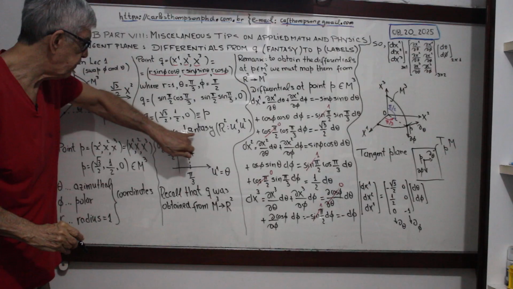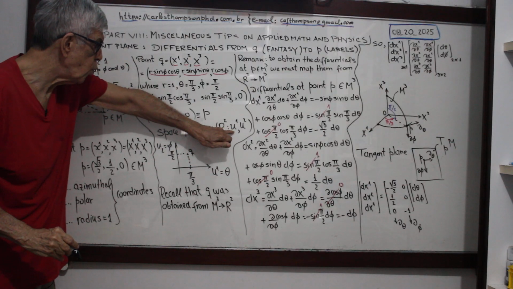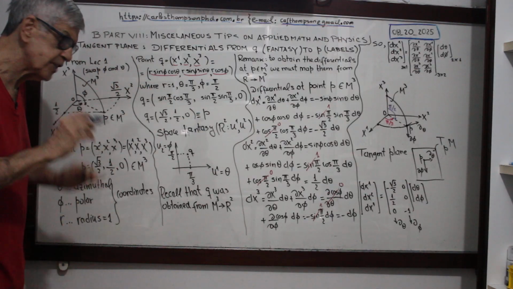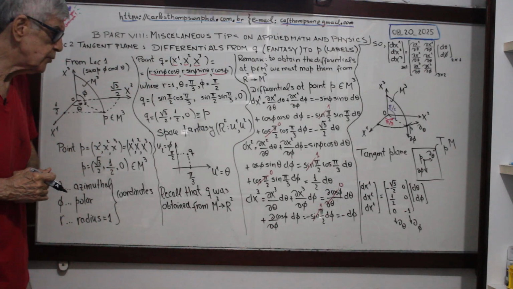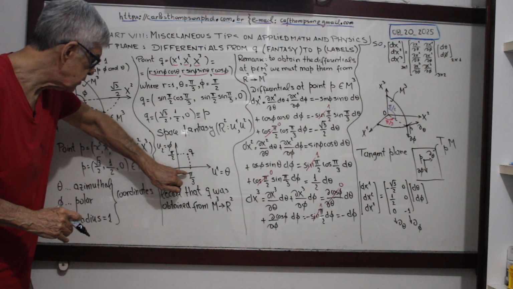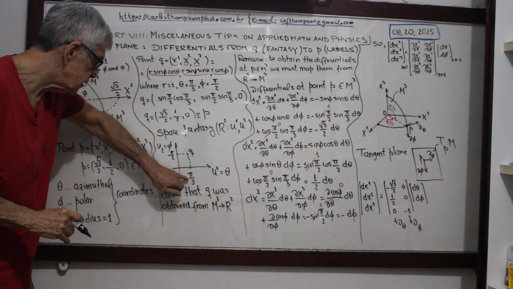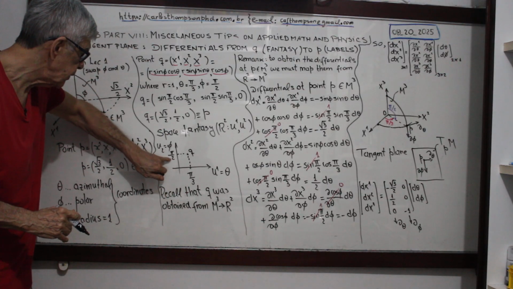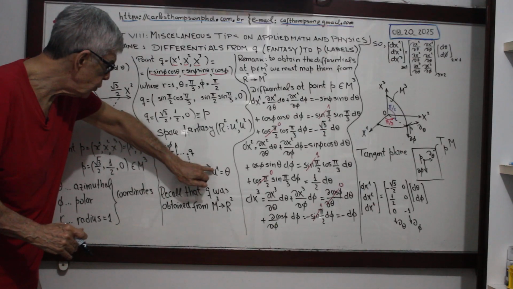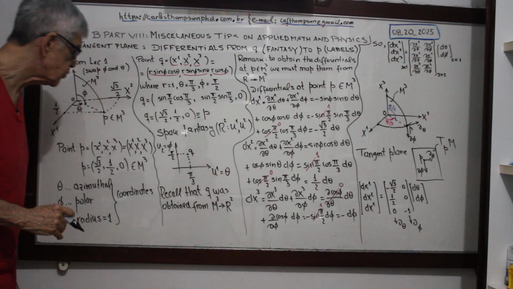So the space, the fantasy here, is R2 with axes U1 and U2. Exactly the same notation as we did in lecture 1. So point Q is, in this case, pi over 3 and pi over 2. U2 is the phi direction, and U1 is the theta direction.